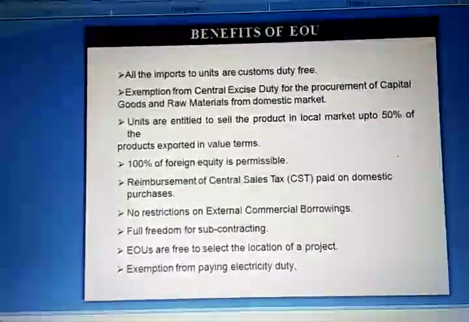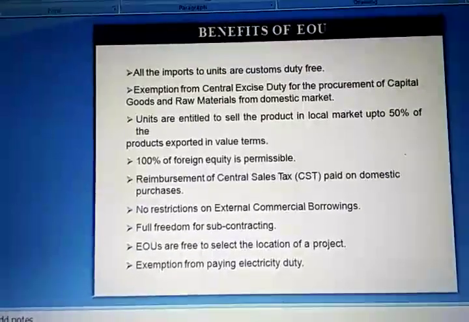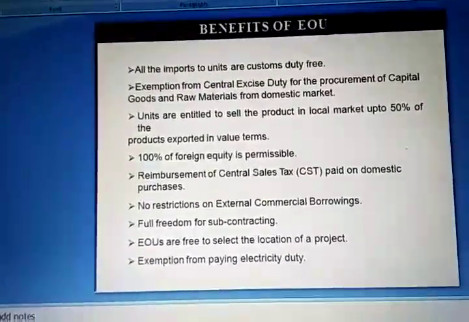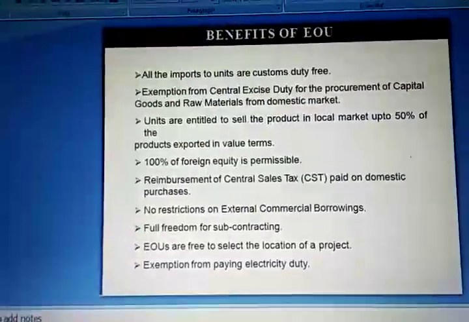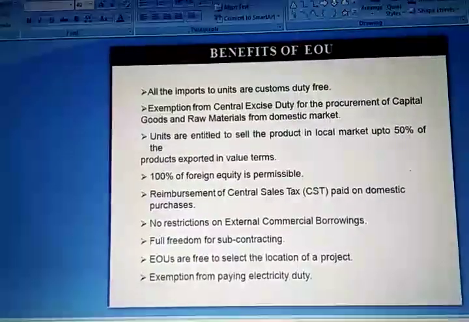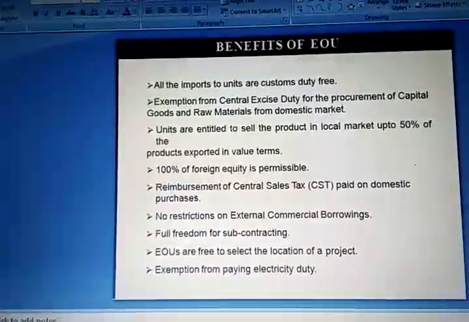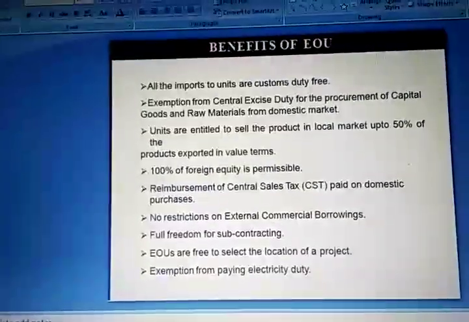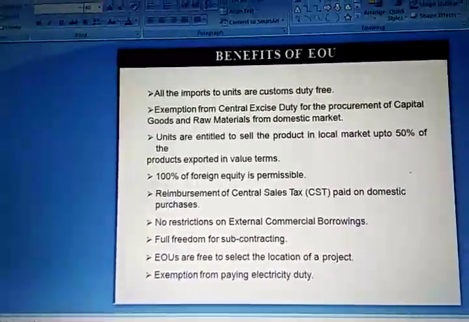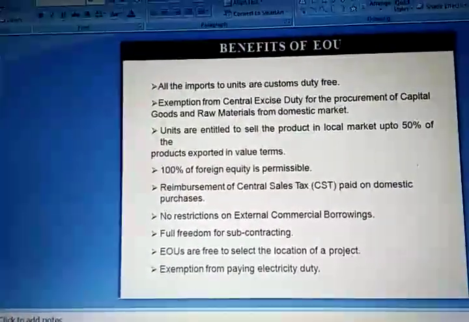Second is exemption from central excise duty for the procurement of capital goods and raw material from the domestic market. Another benefit is that 100% foreign equity is permissible, with no restriction on external commercial borrowings and full freedom for subcontracting.